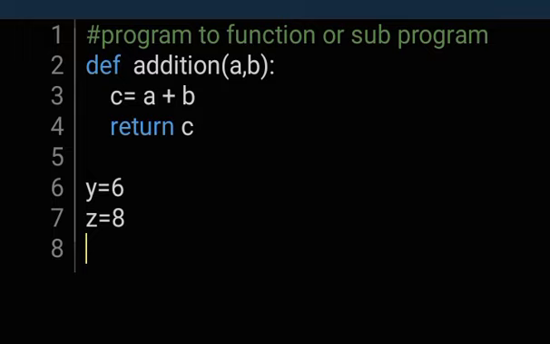So calling now, how do we call? Let me use the print function so that whenever I call, I will be able to generate the output of whatever I call.